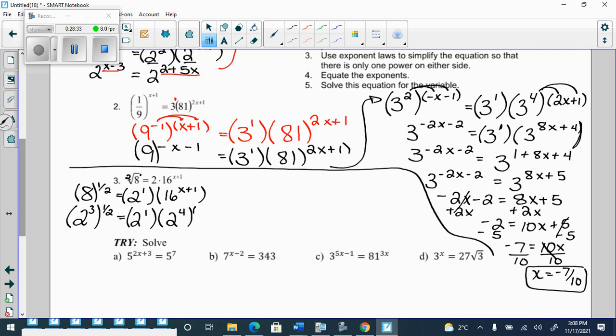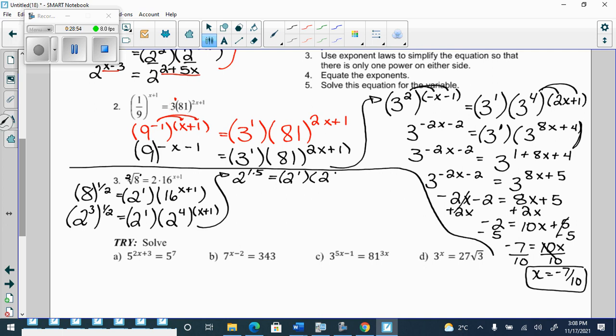So I'm going to get 2 to the 3 halves, or 2 to the 1.5 if it's easier for you, it's the same thing, equals 2 to the 1 times 2 to the 4x plus 4, because it has to distribute.